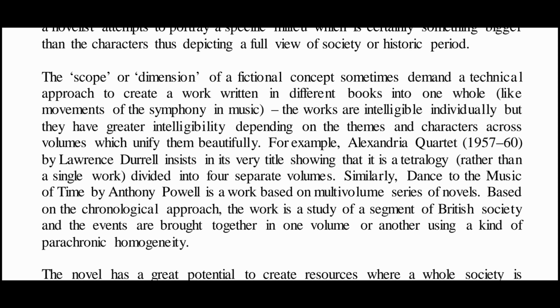For example, The Alexandria Quartet, 1957 to 1960, by Lawrence Durrell, insists in its very title that it is a tetralogy rather than a single work divided into four separate volumes. Similarly, A Dance to the Music of Time by Anthony Powell is a multi-volume series of novels based on a chronological approach.